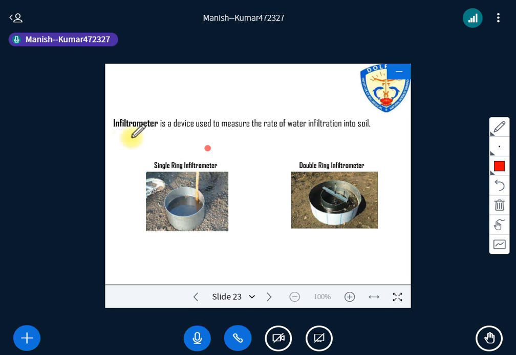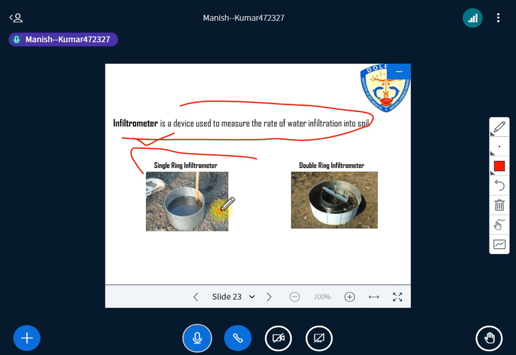So these are some other factors that have an impact on the infiltration process. And this is the device that is used to measure the rate of infiltration into the soil, known as an infiltrometer. There are two kinds of this instrument: a single ring infiltrometer and a double ring infiltrometer. This instrument measures the rate of water infiltration, and generally this rate is measured in millimeter per hour or inches per hour.